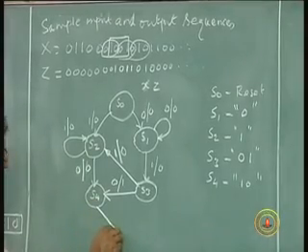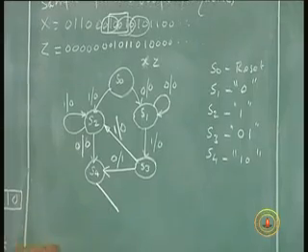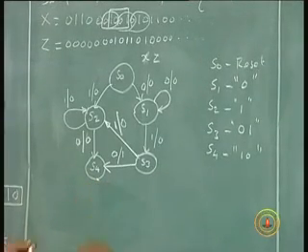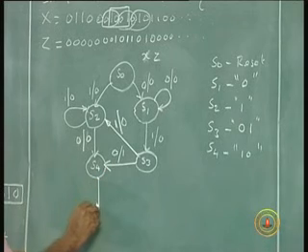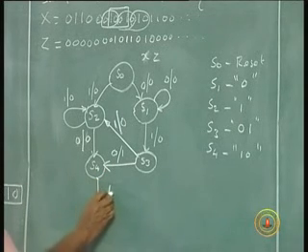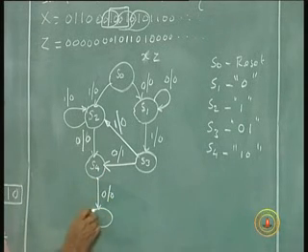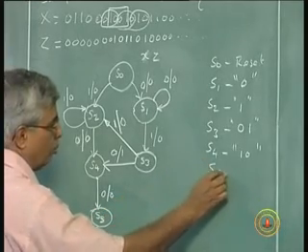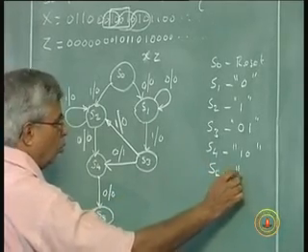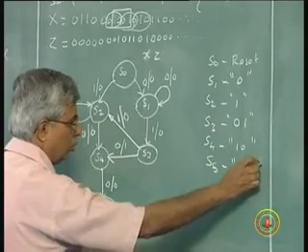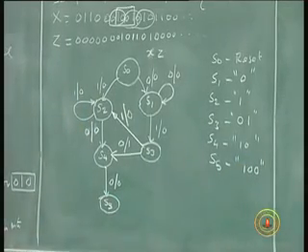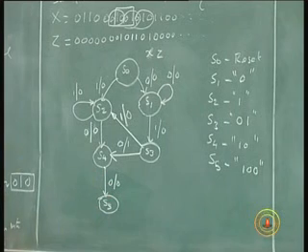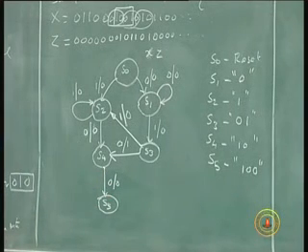S4 with a 0, we will go to a new state called S5, which will remember 1, 0, 0. No output again, because for 1, 0, 0, 1, only when that is completed we will have an output of 1.